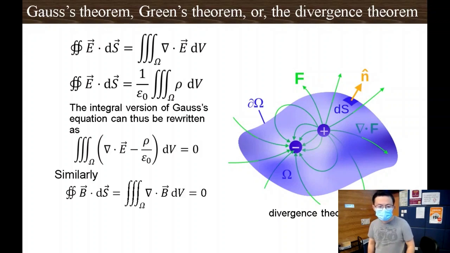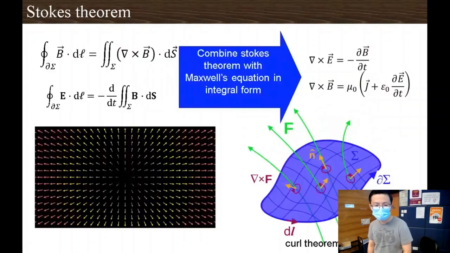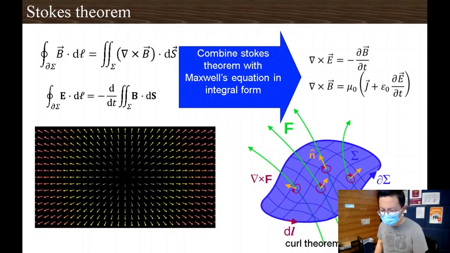This was for the electric field, and we can apply the same thing to the magnetic field and arrive at del dot B equals 0. Now, from the divergence theorem, we have already found two of the differential forms of the Maxwell equations. We also have another one called Stokes theorem, which relates a surface and the edge of the surface.